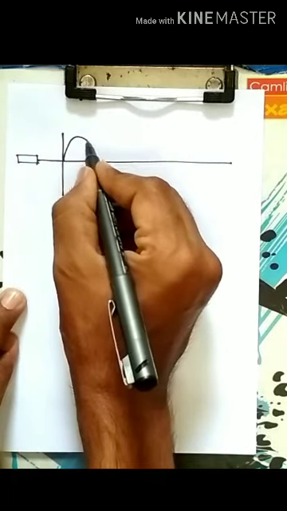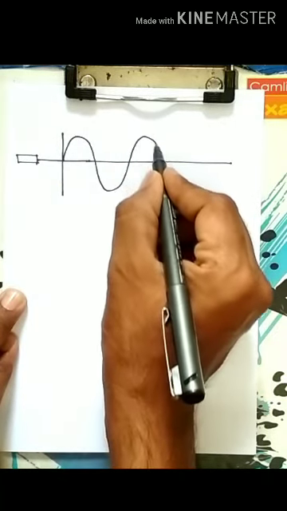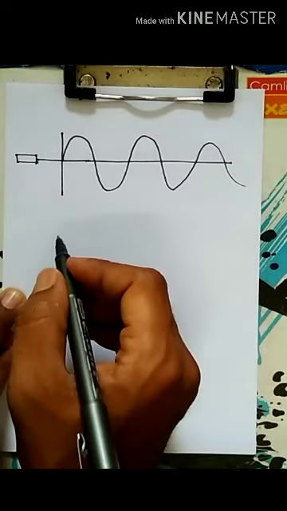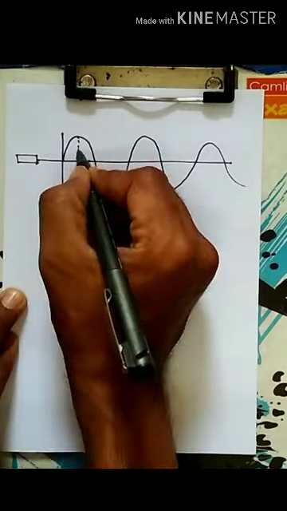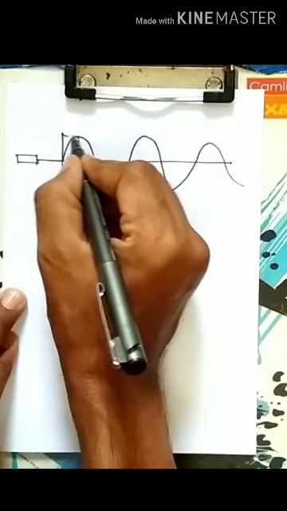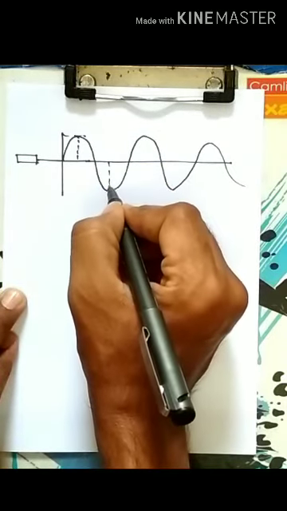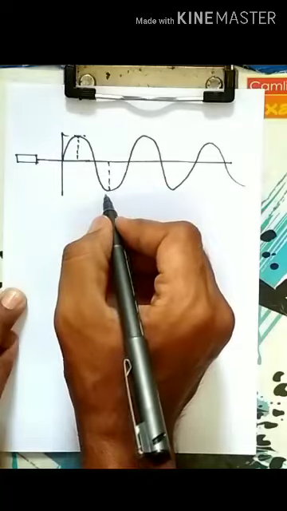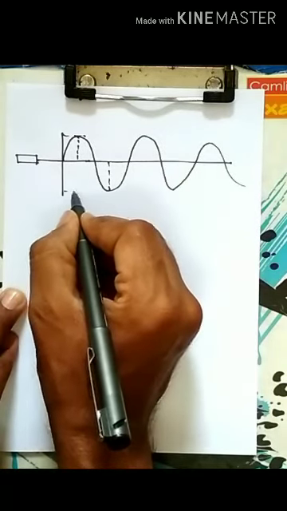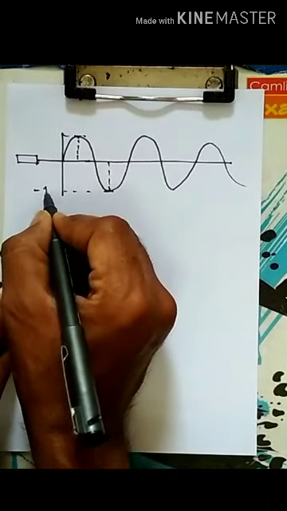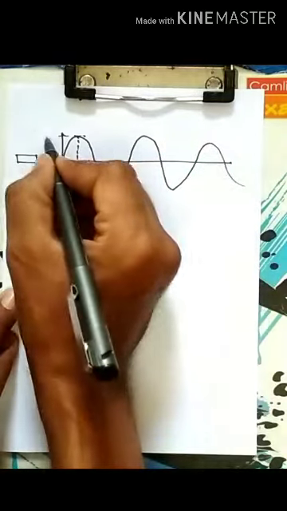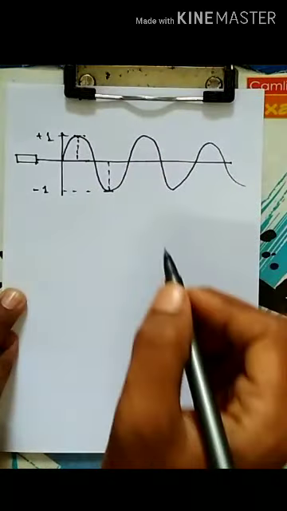Then this light must be of wave nature and it looks like this. So this is the maximum amplitude and this is the minimum amplitude. This minimum amplitude is -1 and this maximum amplitude is +1.